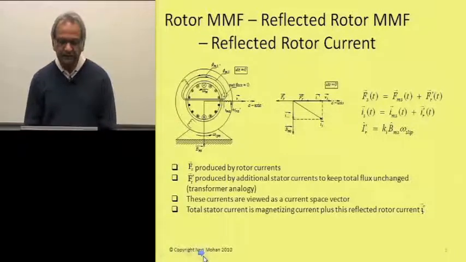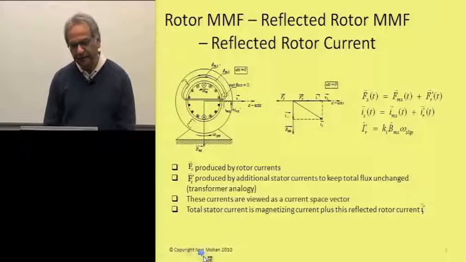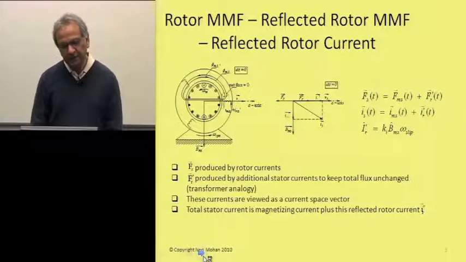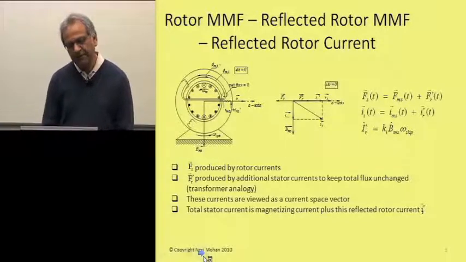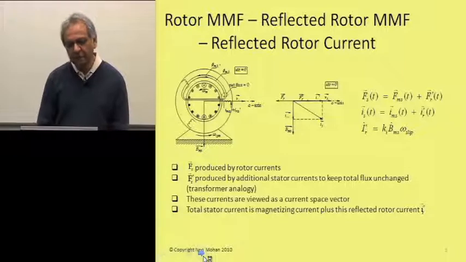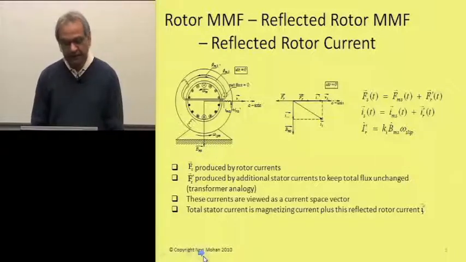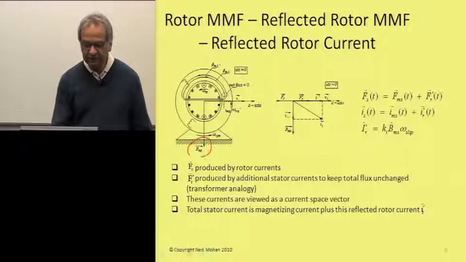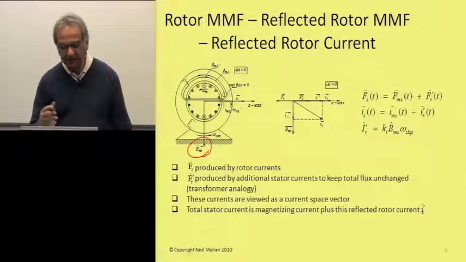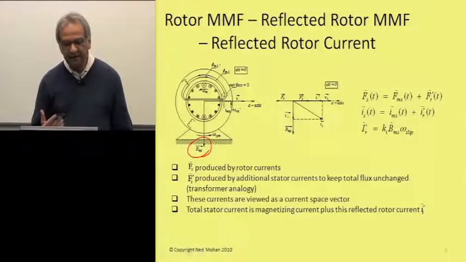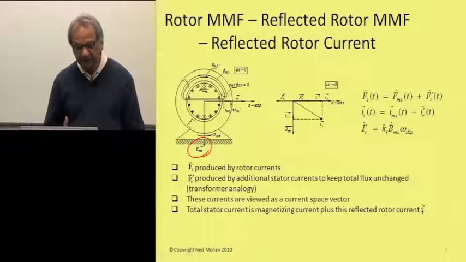All right, so let's see what happens. When we have currents in the rotor bars, they produce their own MMF. This flux was produced by the magnetizing currents drawn from the voltages applied to the stator, rotating at omega sync.